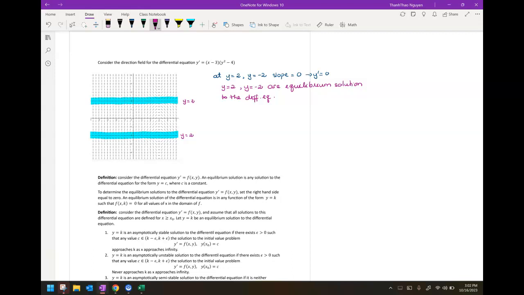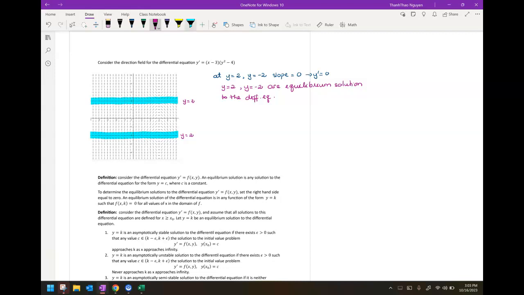To determine the equilibrium solutions to the differential equation y prime equals f of x, y, we set the right hand side equal to 0. An equilibrium solution of a differential equation is any function of the form y equals k, so that f of x, k equals 0 for all values of x in the domain of f. Okay.